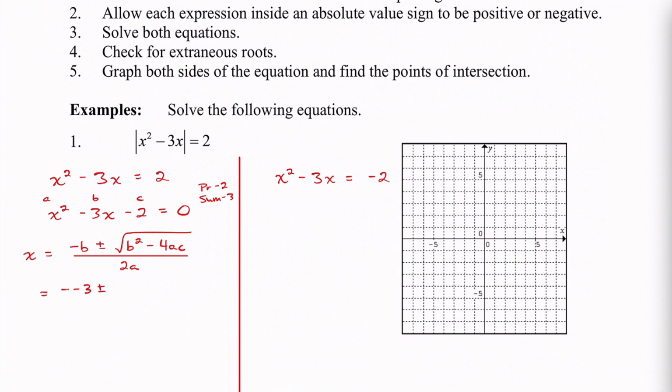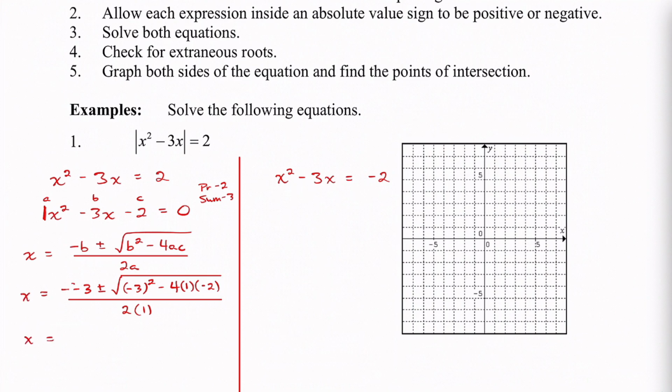Then plus or minus the square root of b squared, which is negative 3 squared, minus 4 times a, which is a hidden 1, times c, which is negative 2. All of that is inside the square root, and then divided by 2 times a. And a again is 1 because there's a hidden 1 in front of our x squared.